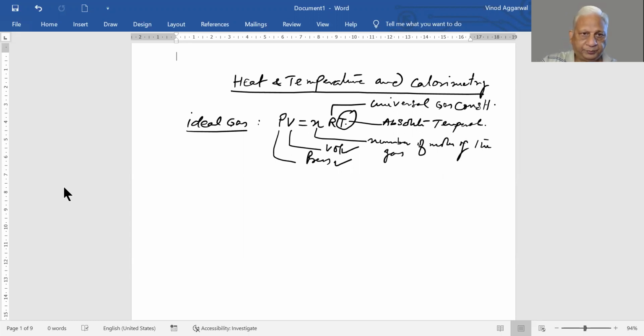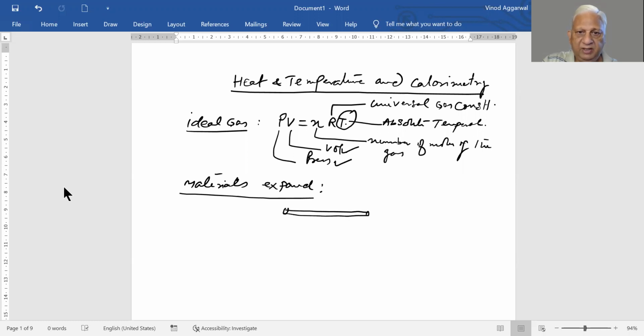Now, materials on application of heat expand. Now look at some of these expansions. If you take a rod, primarily we can call it a one-dimensional body, more or less.